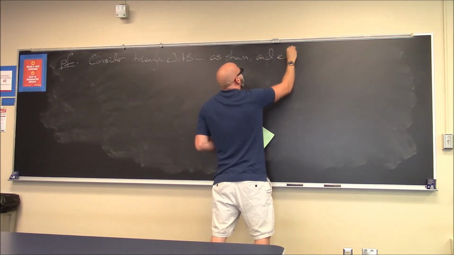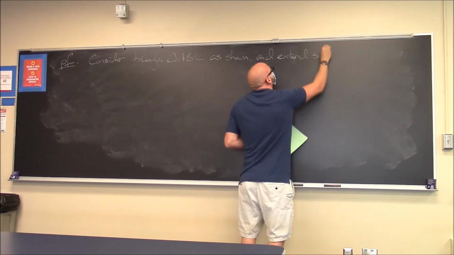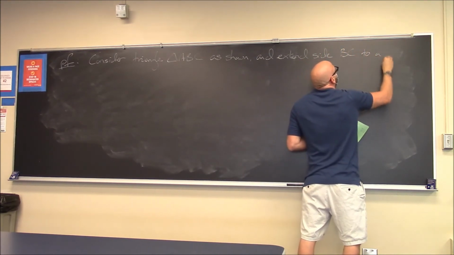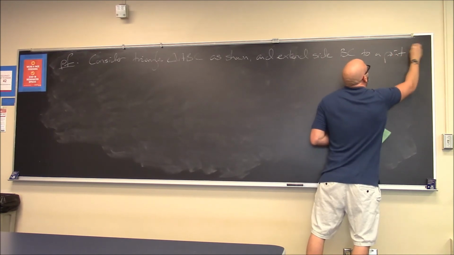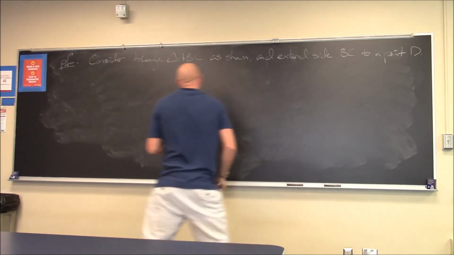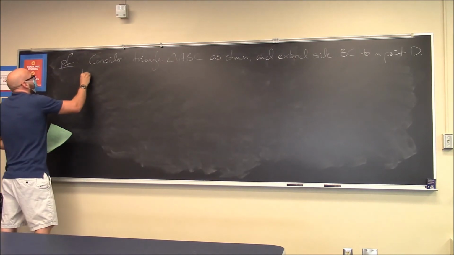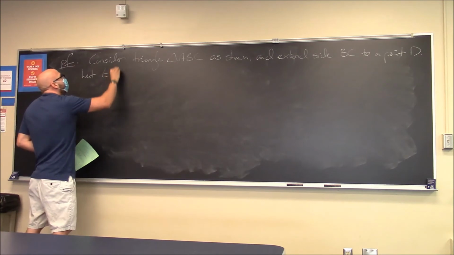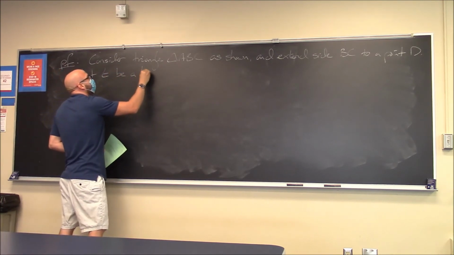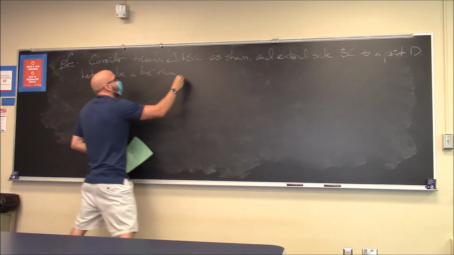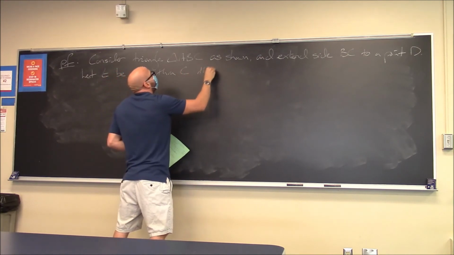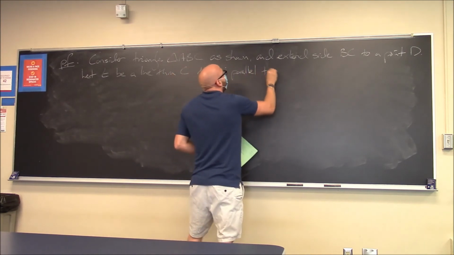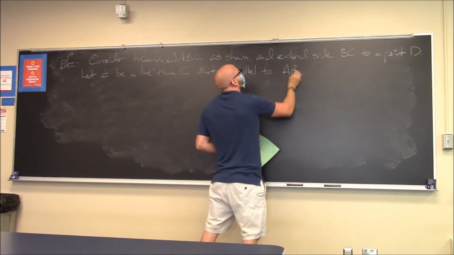And extend side BC to a point D. And also, let T be a line passing through the vertex C that is parallel to side AB.